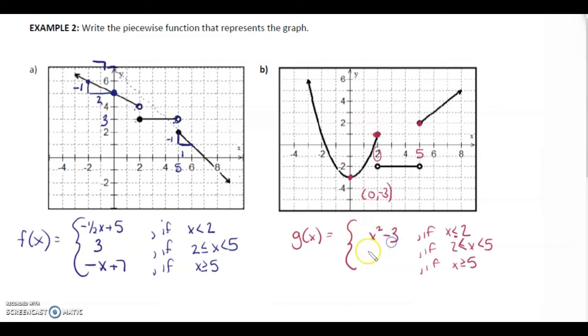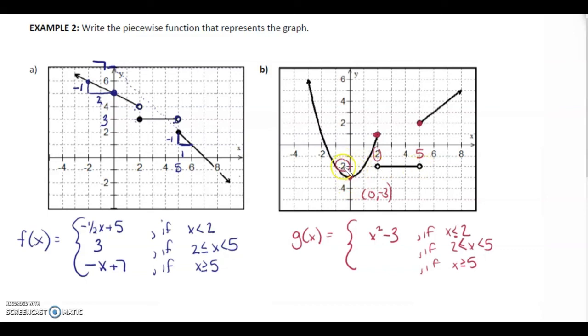So -3. And I can tell, but for the scope of this course, I'm not going to do any stretches here, so it's just x squared -3, and we're going to leave it like that. Okay, there's no stretch on this. And it doesn't open down, so it's not negative. That's it.